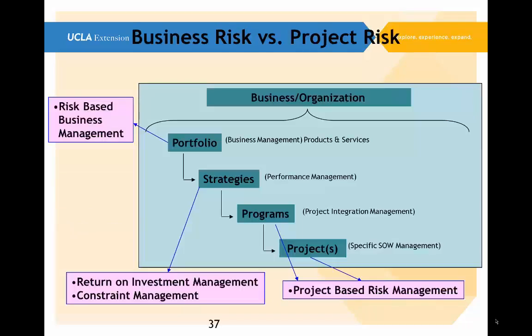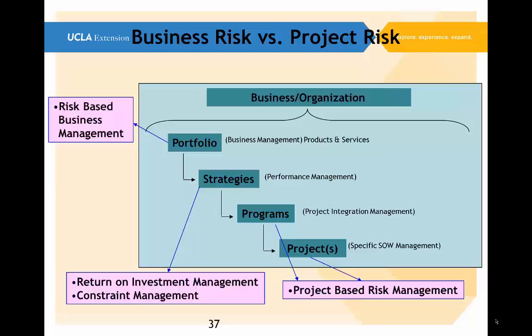Taking a look at risk now, let's just look at the difference between the risk to a business and the risk to the project. If we look at a business organization and this hierarchical picture here, we're talking about the business products and services, the portfolio, the business or whatever. Up there we might have risk to the business, to the portfolio, and that's a risk that's business management based.